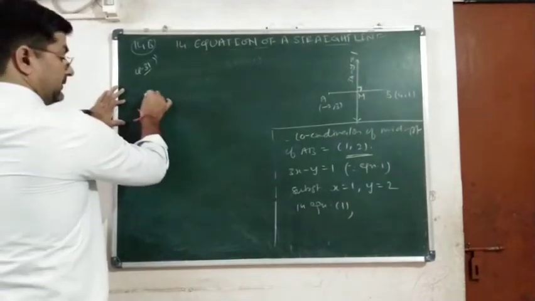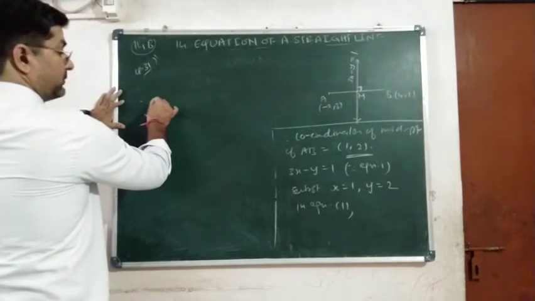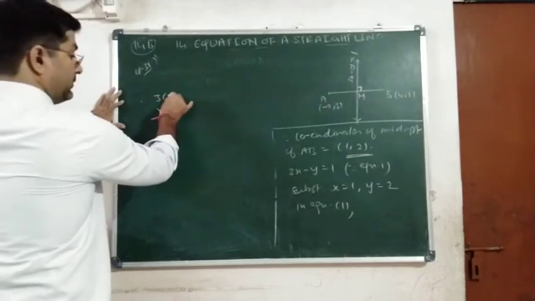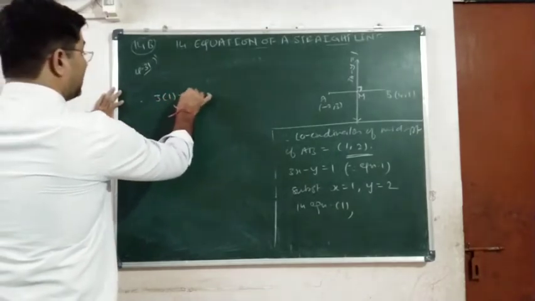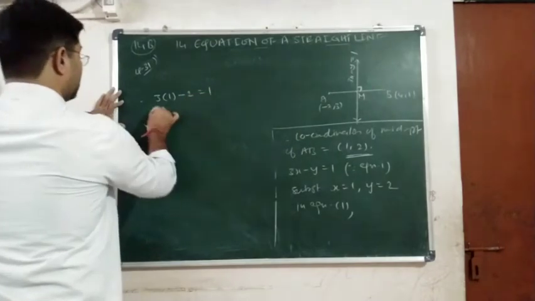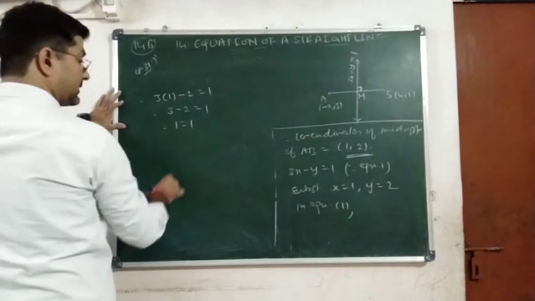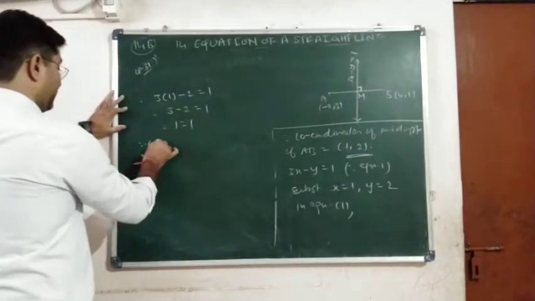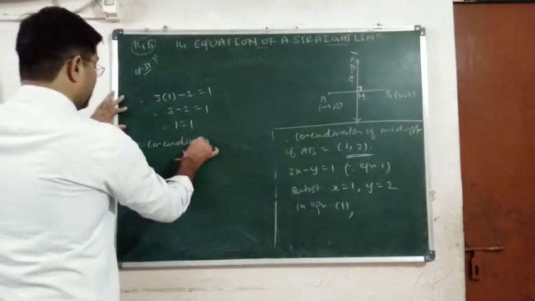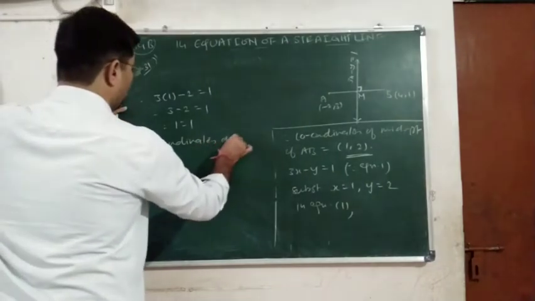Okay, so let us put 3 into 1 minus 2 equals 1. So 3 minus 2 equals 1, therefore 1 equals 1. Yes or no?